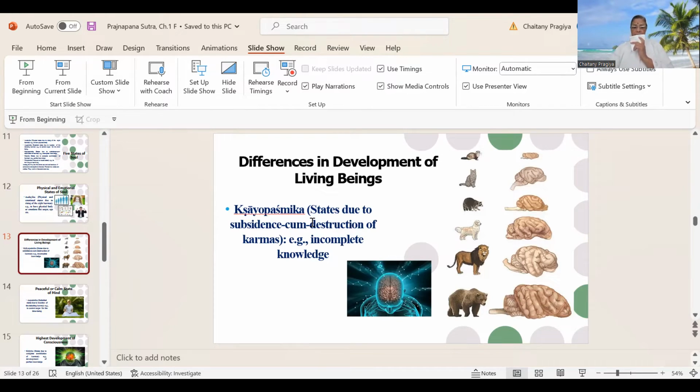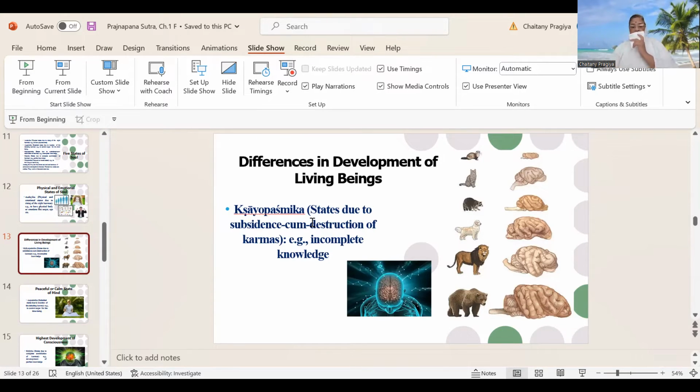It means the partial subsidence and partial elimination of the karmas. There are certain karmas which cannot be completely subsided; till we are not liberated, we have to continue in some physical form.